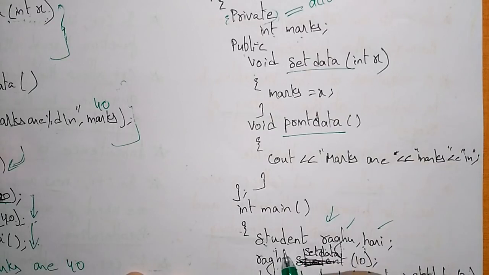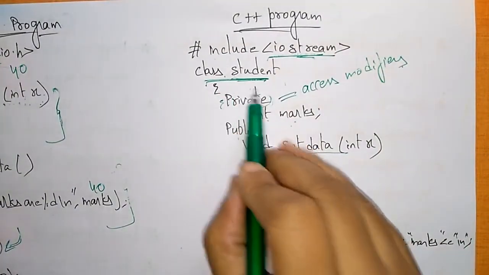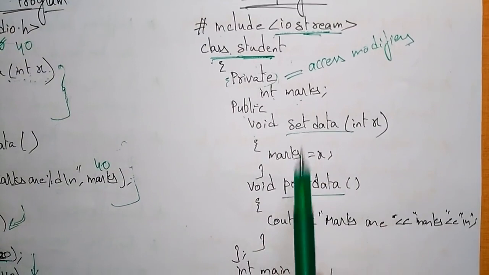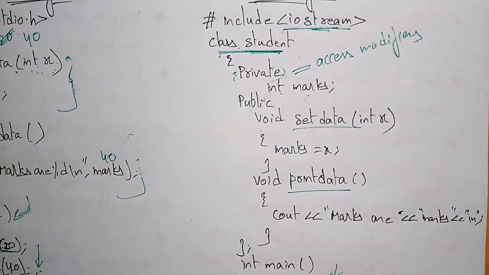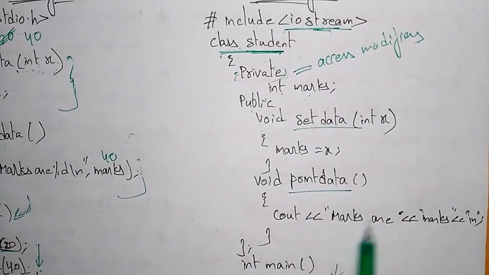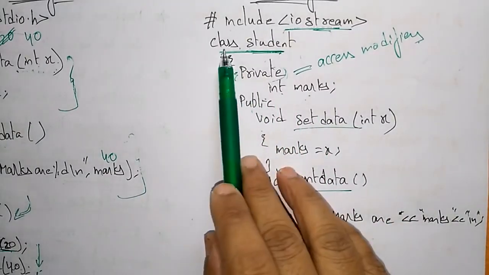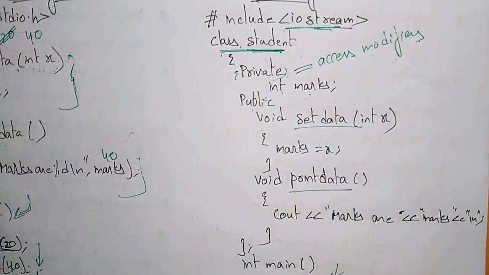Student is a class name and Raghu and Hari are the objects of that class. So here this is the class consisting of methods and the variables. The functions and methods both are the same. So these are the variables and these are the functions. So student consists of methods and the variables.